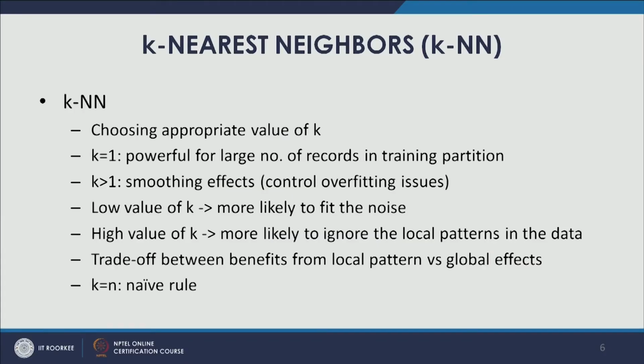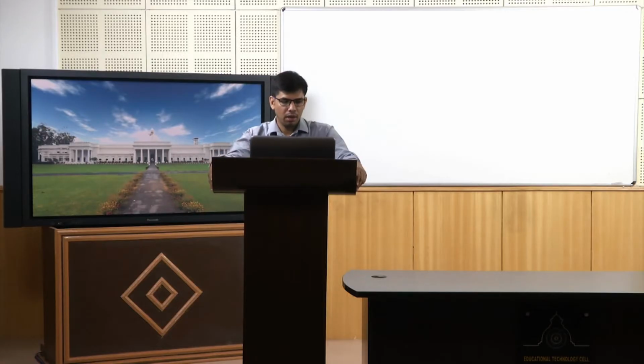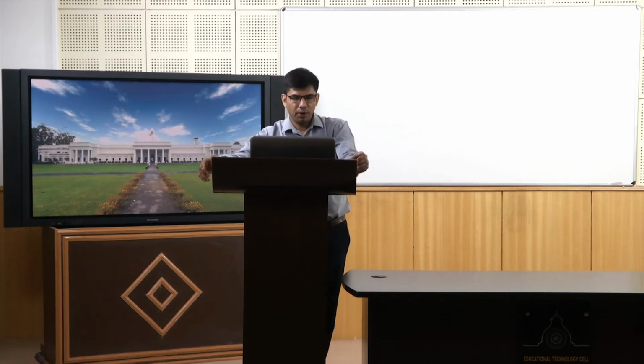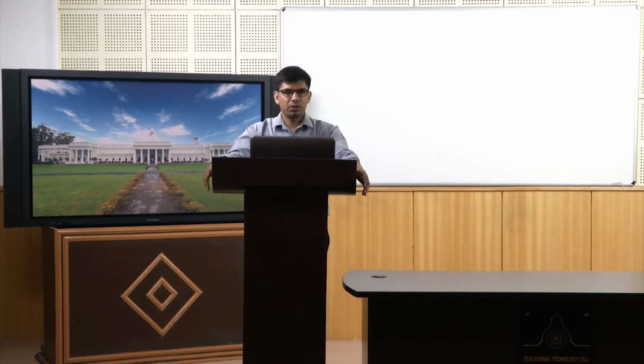If the value of K is greater than 1, then as we move towards higher values of K, smoothing effects will start to take place. Smoothing effect in the sense that if the value of K is more than 1, let's say 4, 5, 6, 7, or even 10, then more neighbors would be used to classify the record, and therefore it would in a way control overfitting issues.